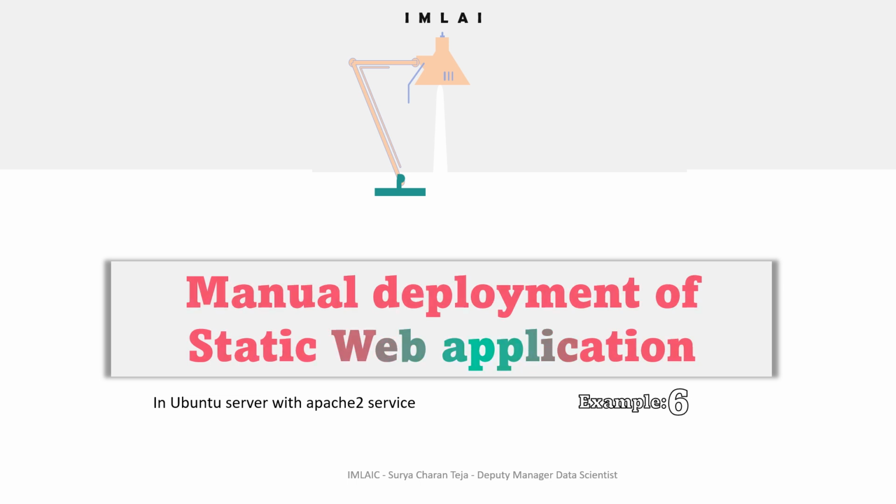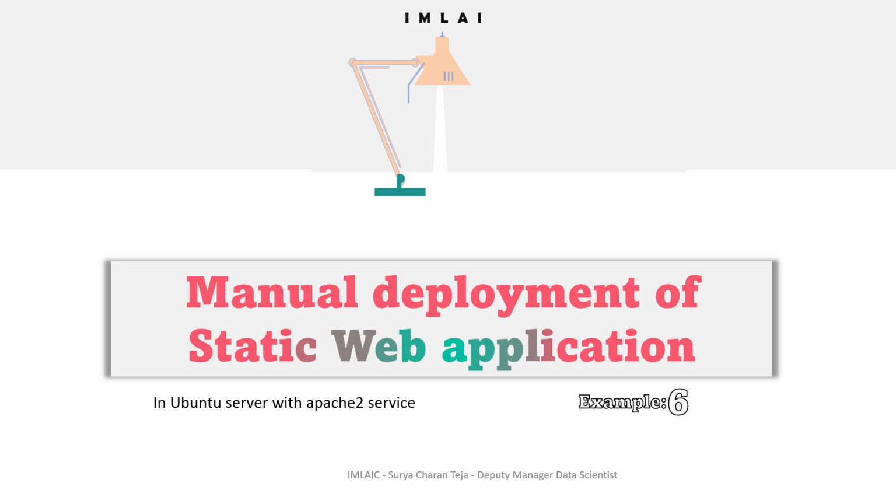Now we are going to do manual deployment of a static web application. So you may ask, why are you doing the manual deployment of a static web application in the Docker module? So you may get the doubt.